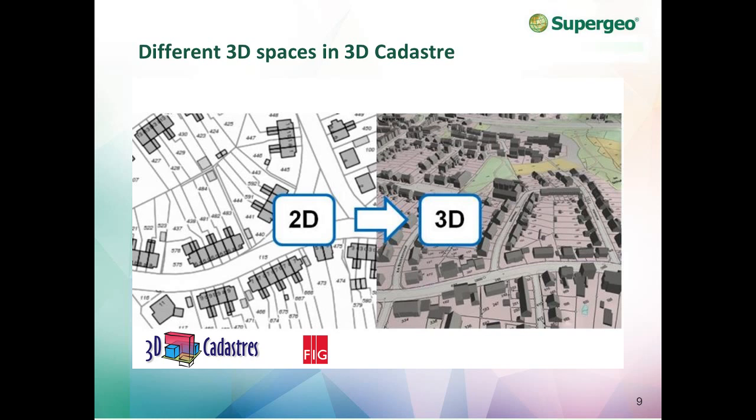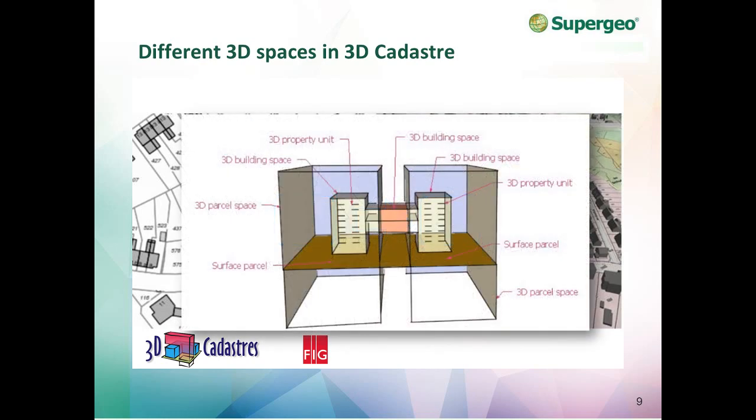Besides land administration, environmental monitoring, disaster response, or even tourism, we can give amazing details and a realistic experience in a 3D platform. Therefore, 3D space in 3D cadastre focuses on the registration and people's rights.